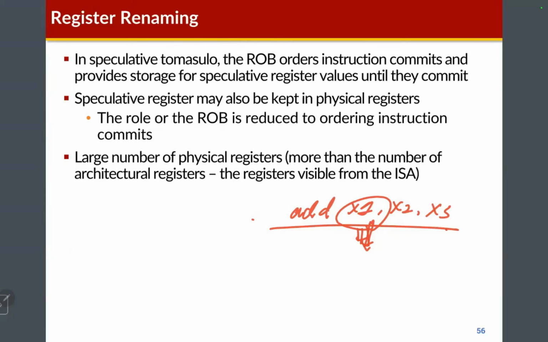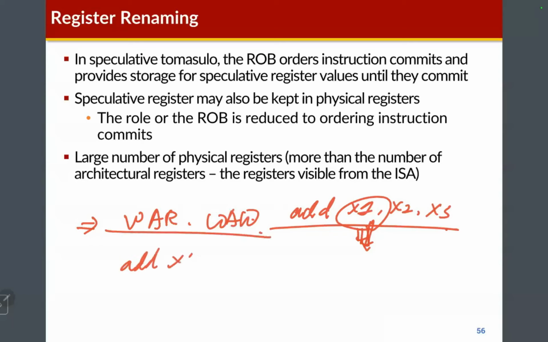But in order to implement out-of-order processing, we need to use a larger number of registers. Which means that in order to avoid the WAR hazard or WAW hazard, it's like the add. I repeatedly explained the add and then.